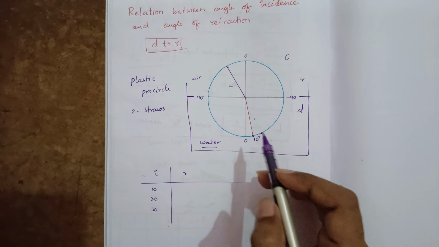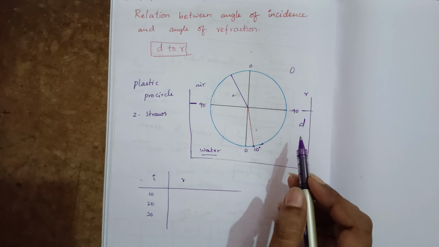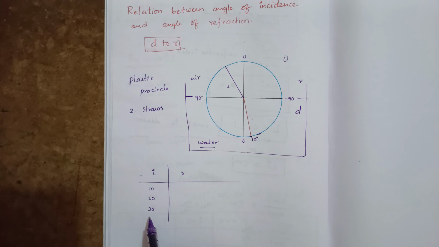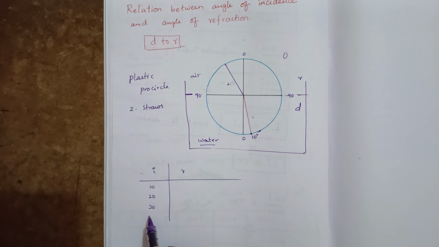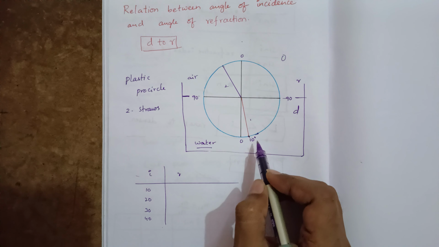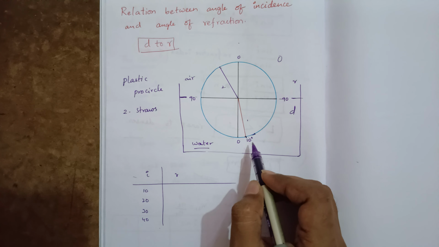Up to 40 we can take, but we should not take 48 or more, because 48 degrees is the critical angle of water, and we can't see the straw at 48 degrees.